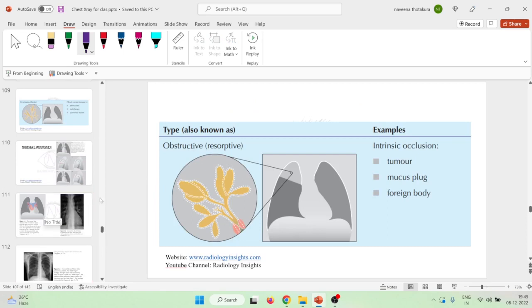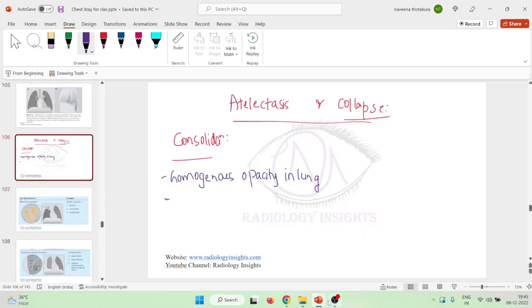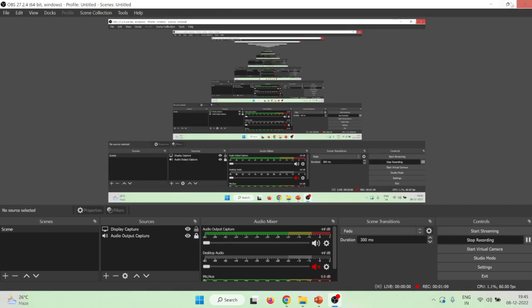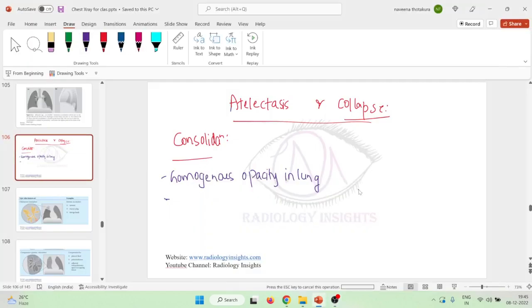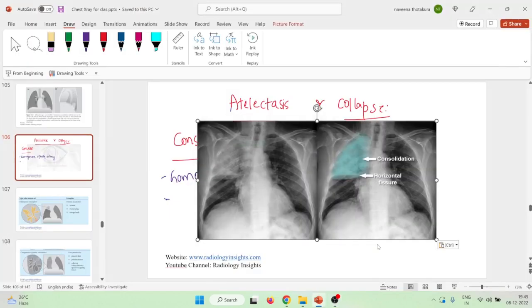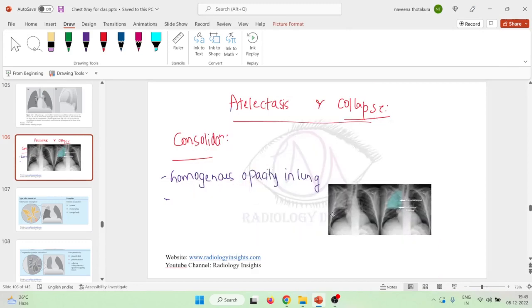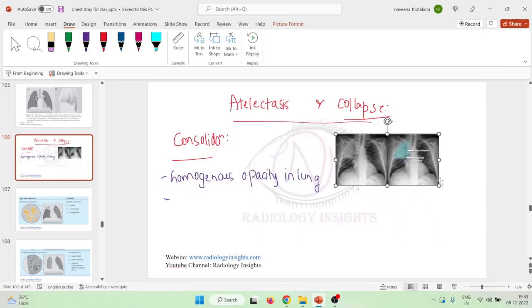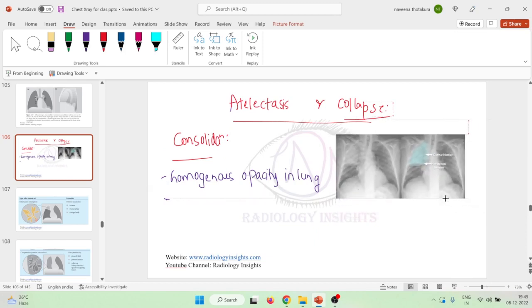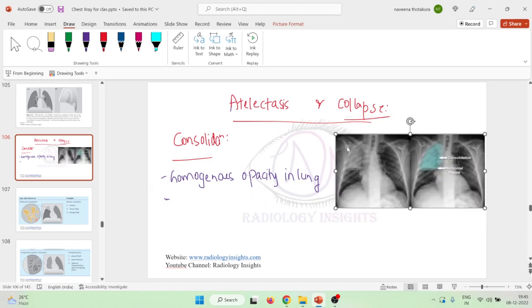Like for example, in this image, if you see, this is an image of the lung and this whitish homogeneous opacity is everywhere, everything is looking in the same color, that is homogeneous.